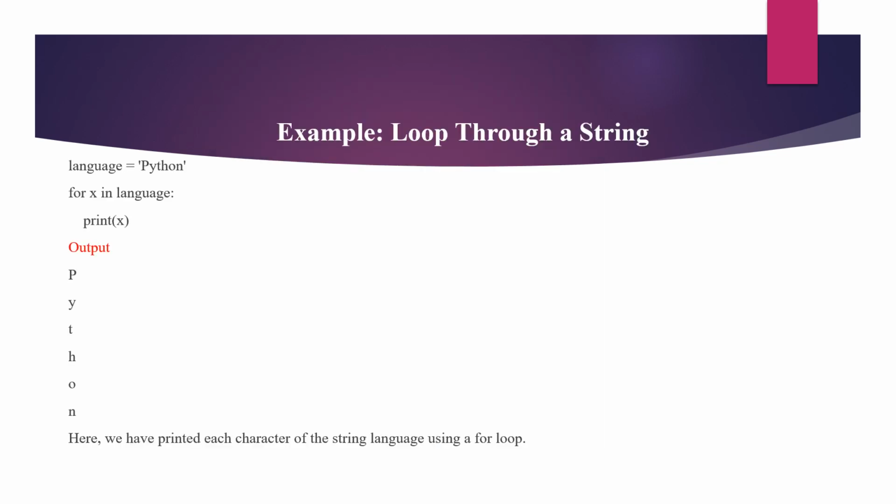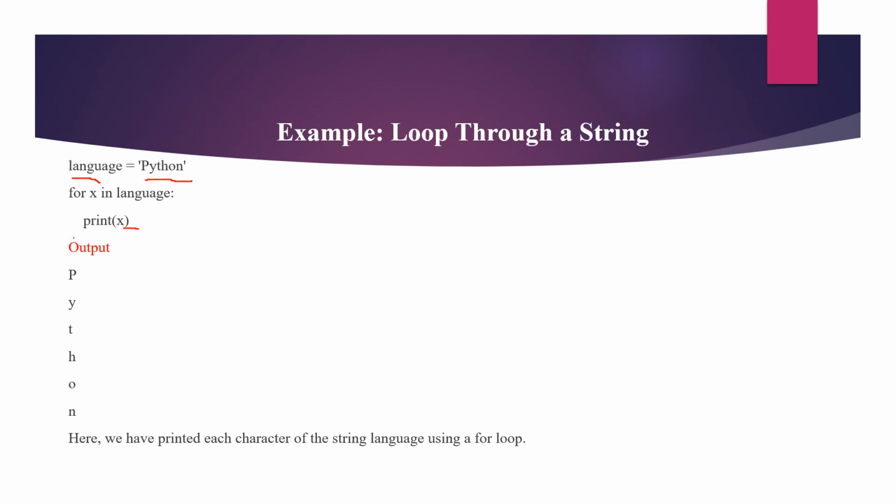Okay, this is a simple example of a Python for loop using a string. This is the variable name and this is the string, Python. This is the for loop. I am iterating over each letter in this sequence.